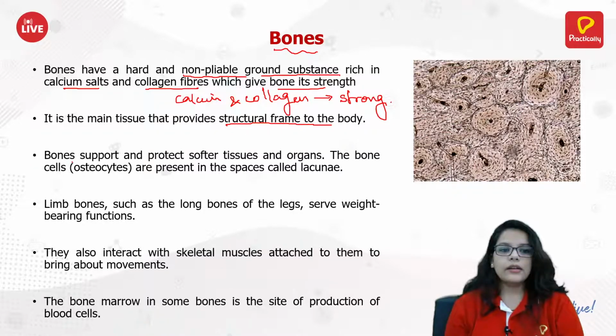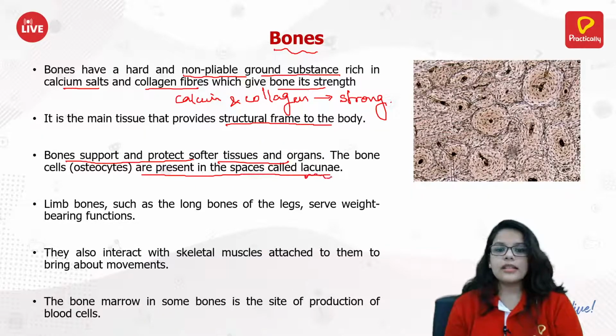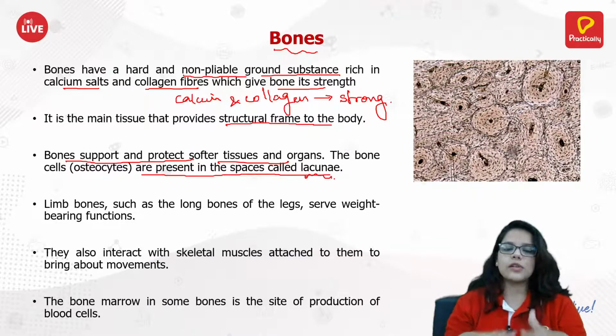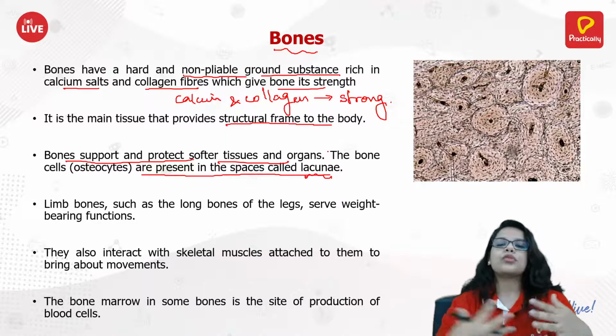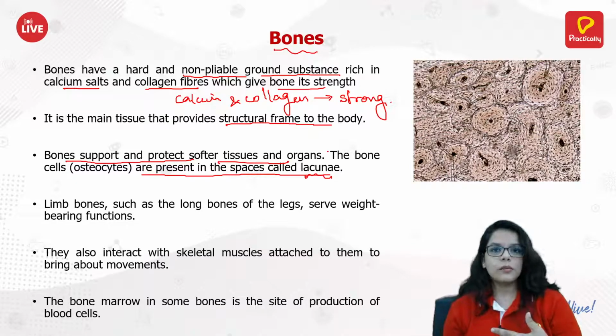Bones support and protect softer tissues and organs, and the bone cells are present in spaces called lacunae. The lacunae is the space where the cells are present. Bones protect softer tissues, like our rib cage in our chest, which is protecting our heart and our lungs.